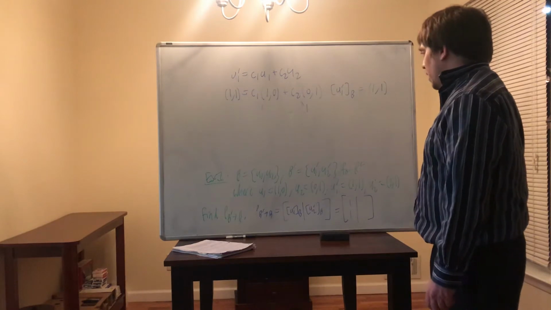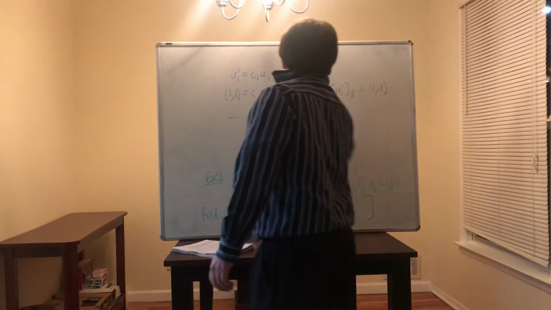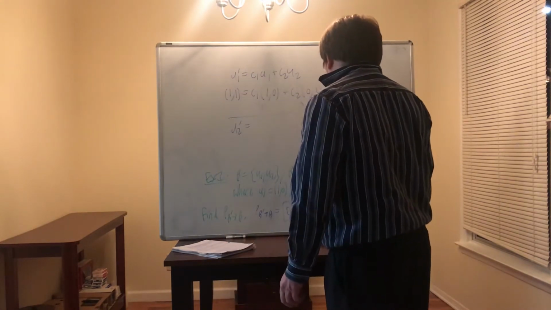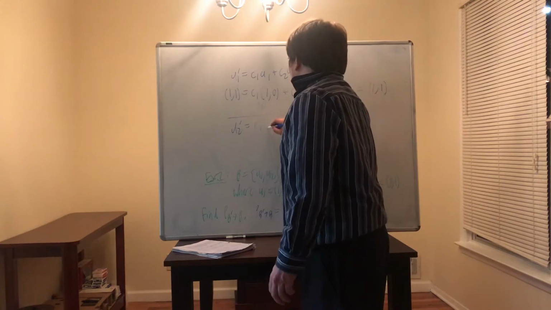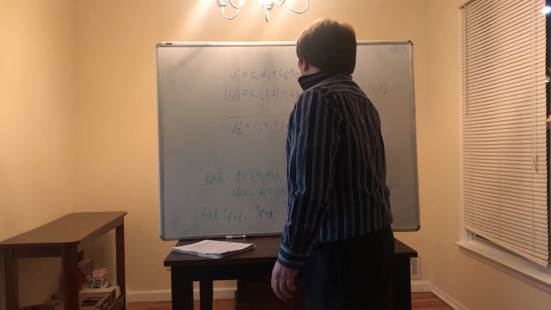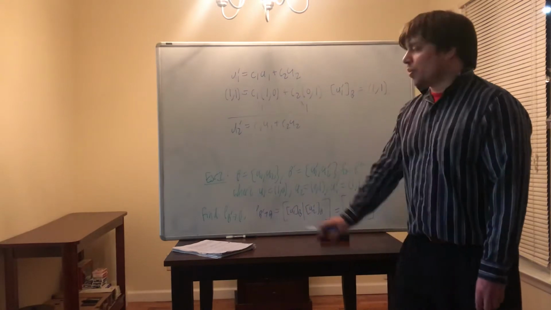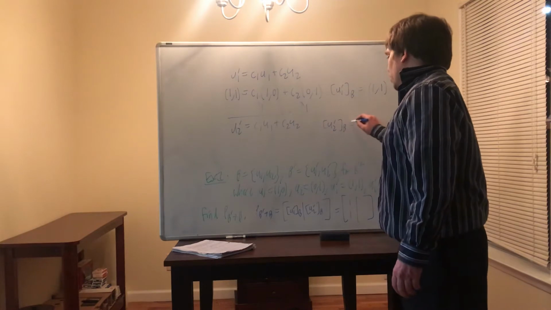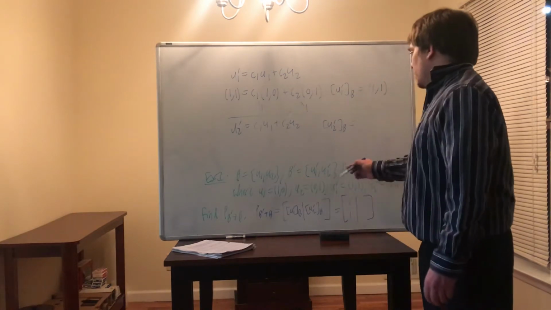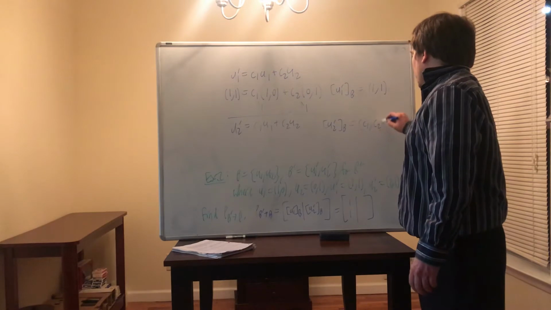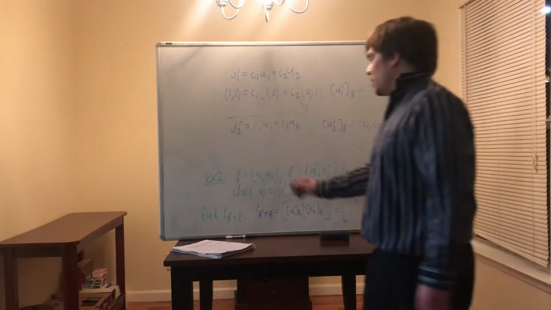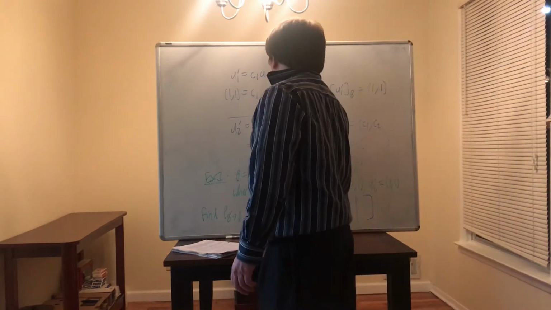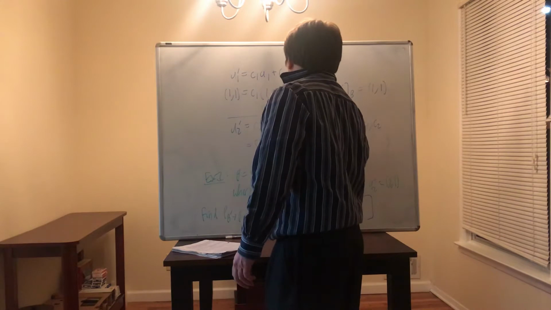Now U2 prime, I'm going to reuse C1 and C2 here. So its coordinates relative to the new basis B are also C1, C2. So we just need to solve for C1 and C2 in this, and then those are the coordinates of U2 prime relative to the new basis B. And so this is C1 times (1, 0) plus C2 times (0, 1).